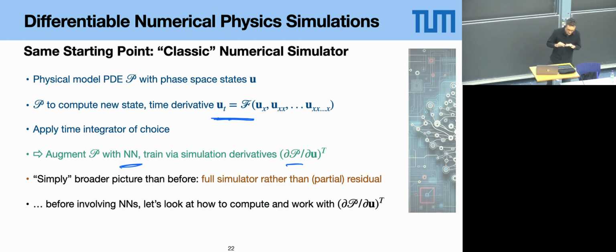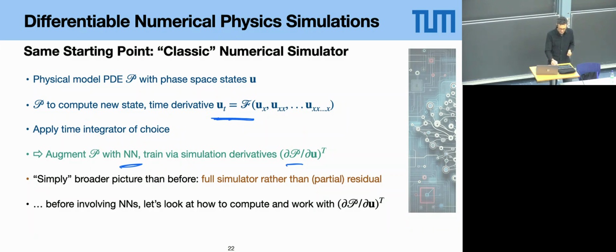And because it's actually nicely separable, we first look at how to compute the derivatives. So writing that out in a formulation, that is the partial derivative of our function or simulator function P with respect to our states U. So in a way, just a derivative written here in a slightly less intuitive fashion, right?